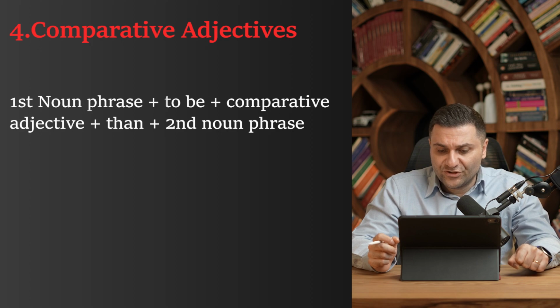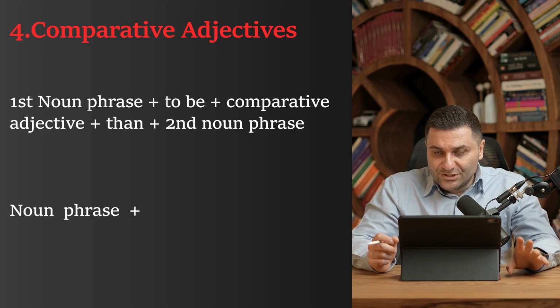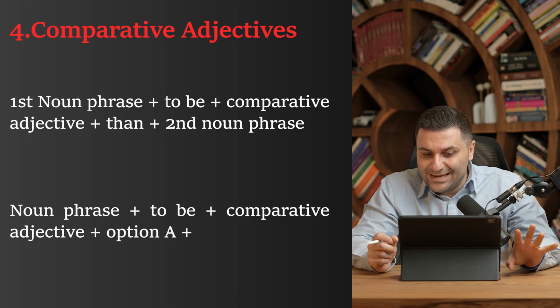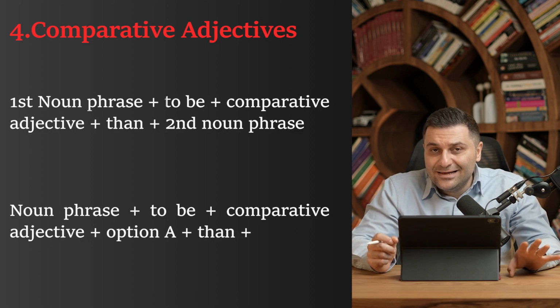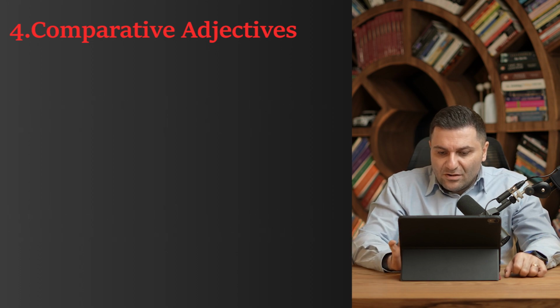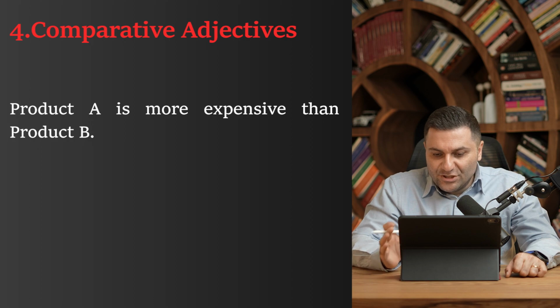The second structure is noun phrase plus to be plus comparative adjective plus option A, then, and after that, option B. For example, product A is more expensive than product B.